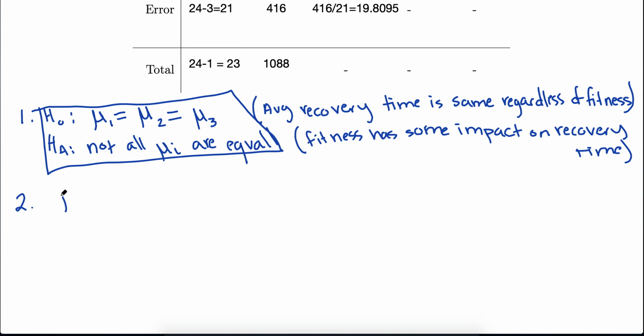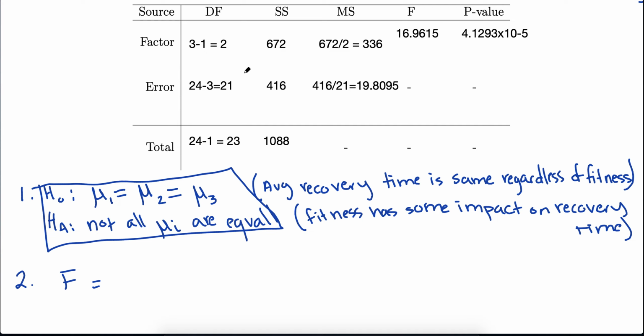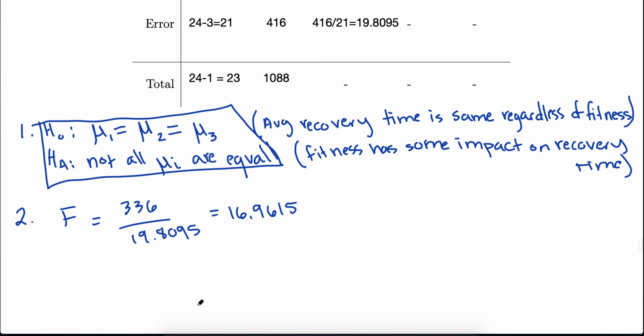We need to say our test statistic. So that was F, that was our ratio, if you remember, of explained by the factor, so our 336 over unexplained, the 19.8095, and might be a little different because of rounding, but you should get pretty close to that 16.9615. So this is kind of telling me in a way that the variability coming from the factor is almost 17 times more than the variability that's random and unexplained within the groups.